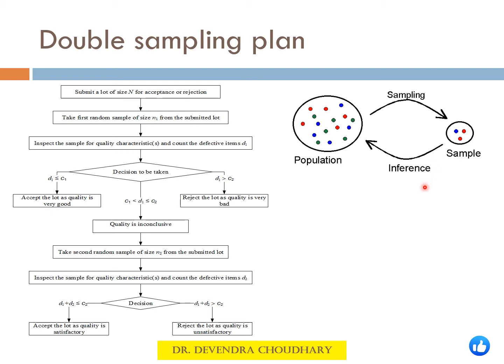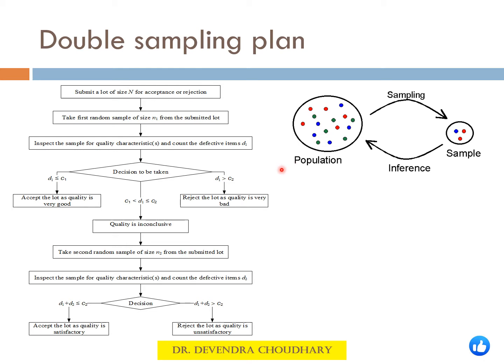If the number of defectives found in this sample is less than or equal to acceptance number C1, the entire lot is accepted by the consumer.